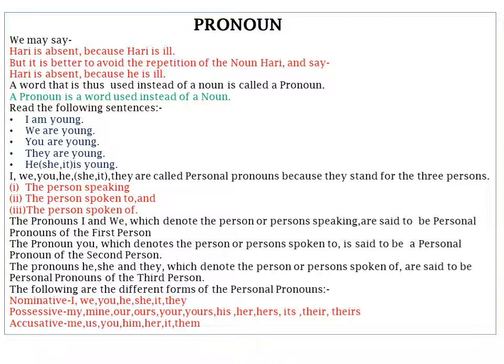The pronoun you, which denotes the person or persons spoken to, is said to be personal pronoun of the second person. You can be used either as singular or plural. The pronouns he, she, and they, which denote the person or persons spoken of, are said to be personal pronouns of the third person. He, she, they.